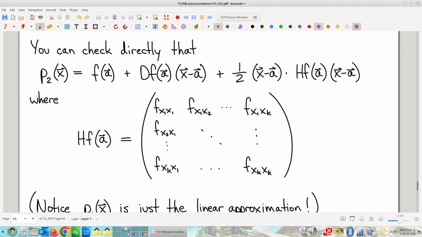For one thing, this is a matrix. It's called the Hessian matrix, the matrix of all the second partials. You'll notice that not only are these vectors, but we're not multiplying them. One of them gets multiplied by the matrix first, and then we are dot producting the two resulting vectors.